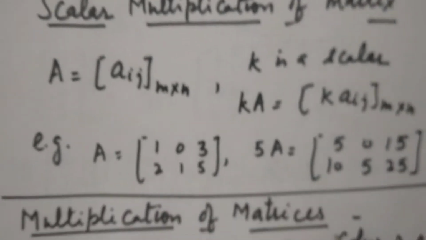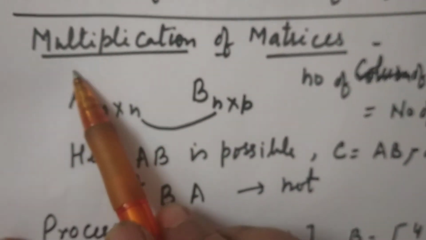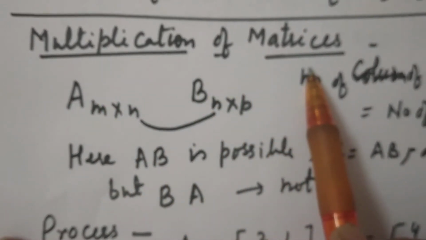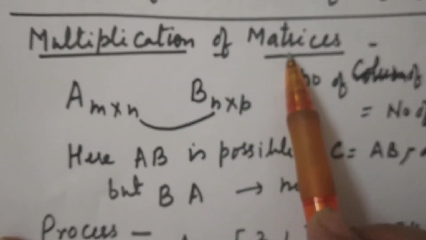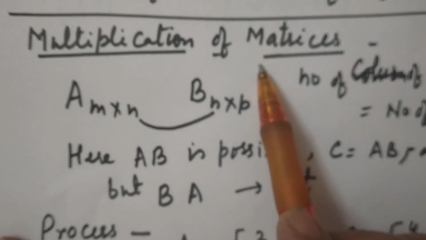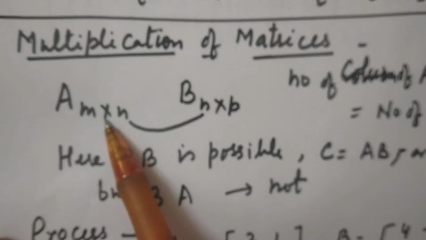Now we come to a very important part, which is called the multiplication of matrices. Multiplication of matrices is possible only if one condition is satisfied. What is that condition?